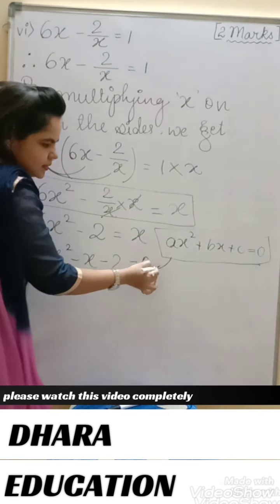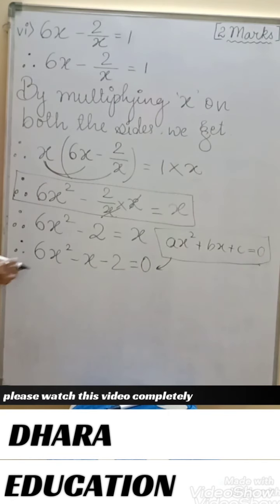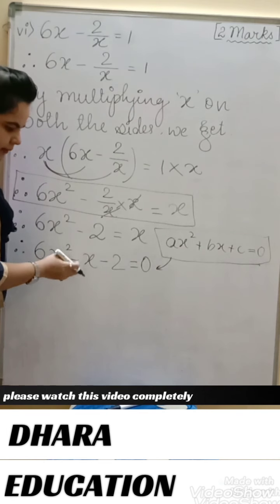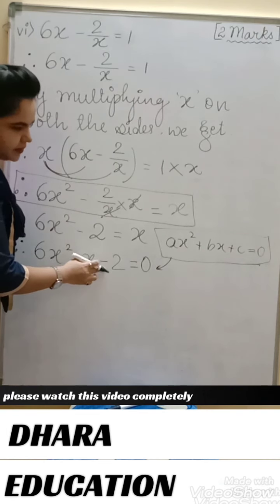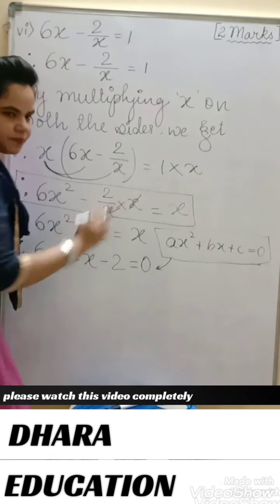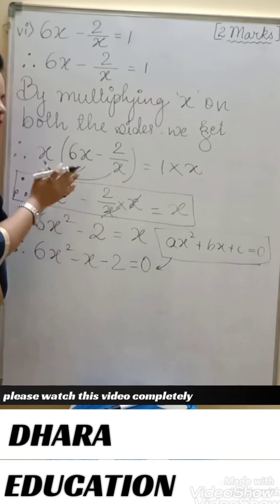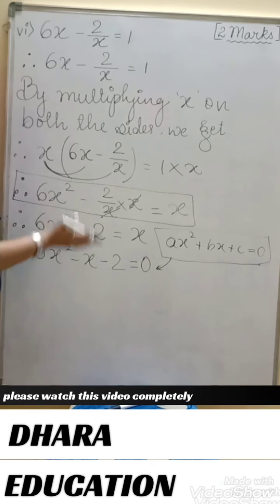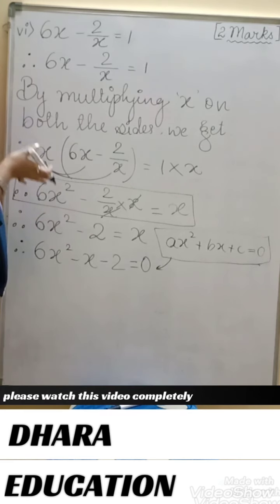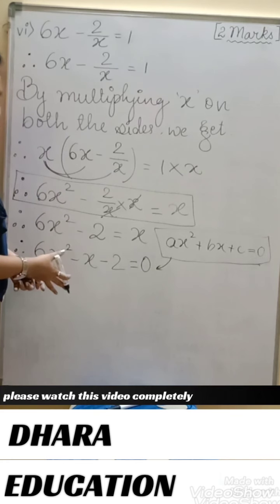And it is in this format only. If you can see, ax square plus bx plus c, so b is minus x because nothing else is there, and minus 2 is c. Okay. It means c is there, is equal to 0. So we have converted this step into the standard form so that we can clarify and bifurcate the things for the factorizations more.